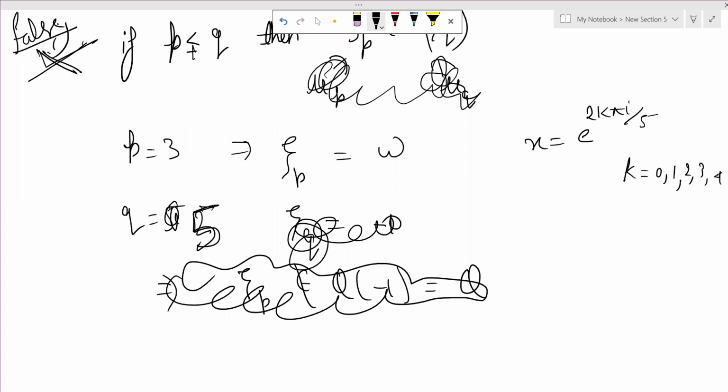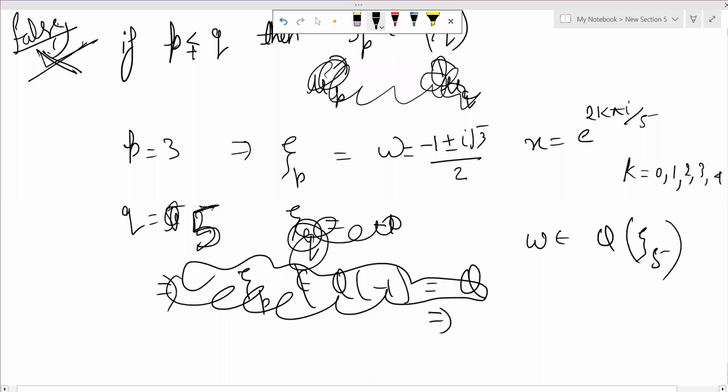You can check explicitly their values, since time is over, and you can see this omega value is -1 plus minus i root 3 by 2, and prove that omega does not belong to Q of zeta 5. This implies the statement is false.